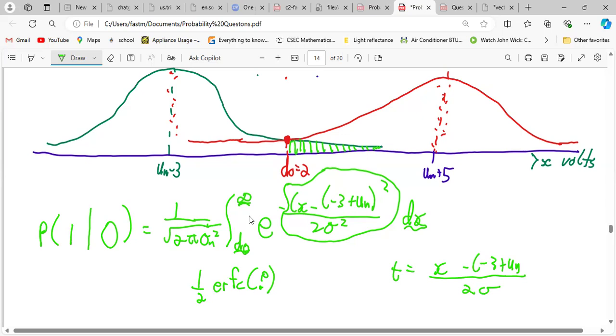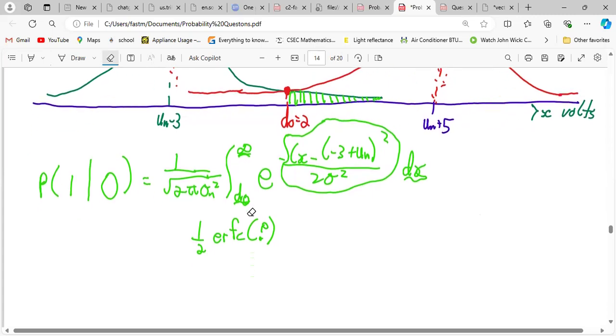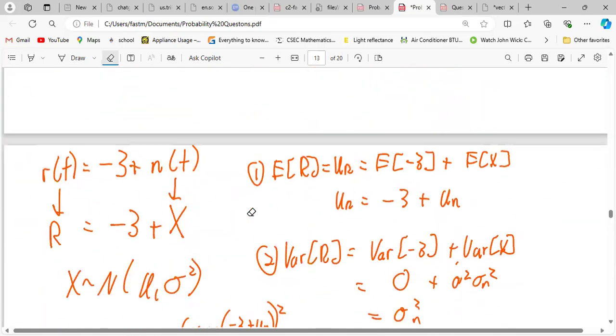So in this case, when you plug d0 into it, this part here would just be d0. Yeah? And then once you change the limits and stuff, it will just end up with 1 on root 2, root pi, sorry, square root of whatever, d0 to infinity of e to the minus t squared dt. And that is a half erfc, because we don't care about the next piece. All right?